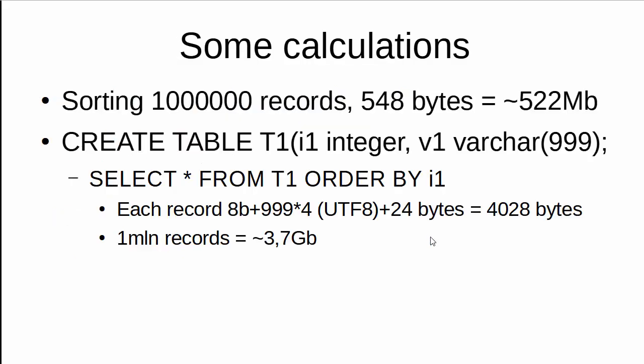Let's imagine that we have 1 million records to be sorted. With 548 bytes, it will be like 522 megabytes.